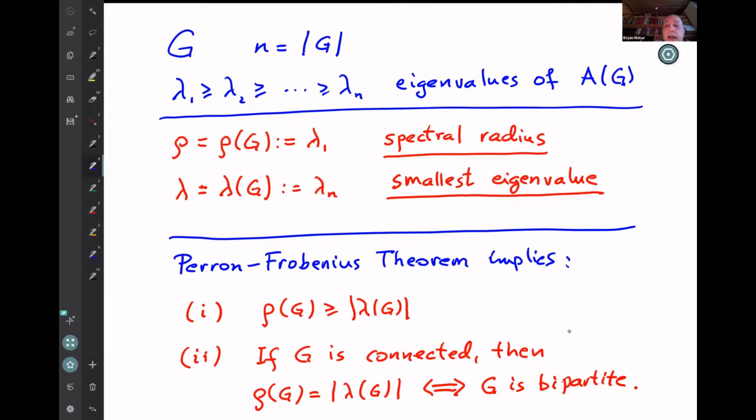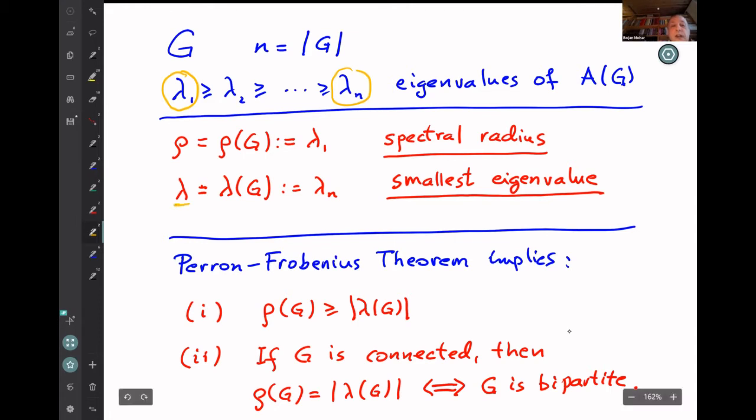All eigenvalues will be with respect to the adjacency matrix A of G, ordered in decreasing order. There are actually just two of them that I will be interested in, the largest and the smallest one.